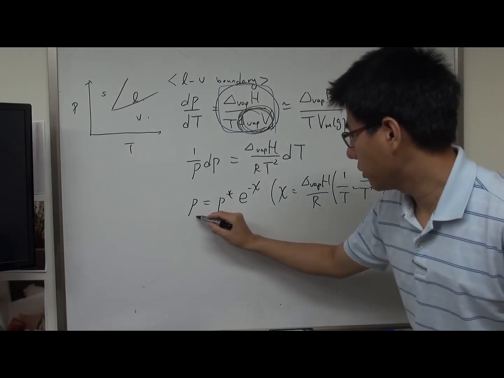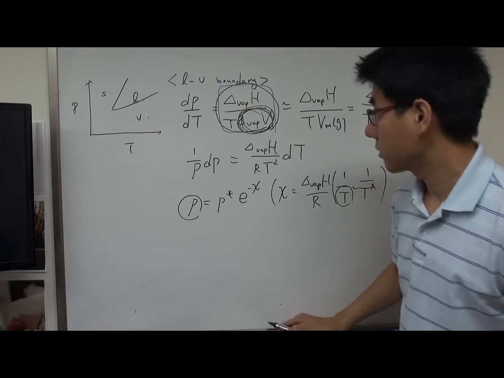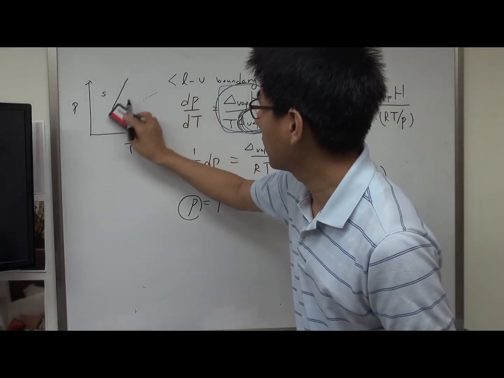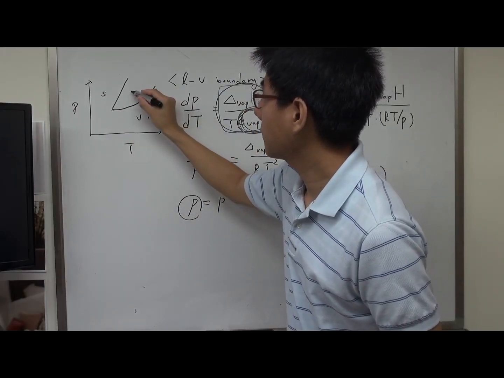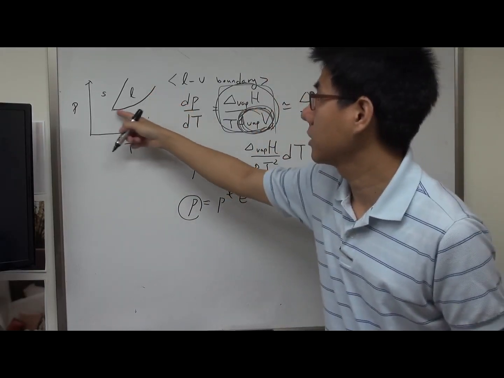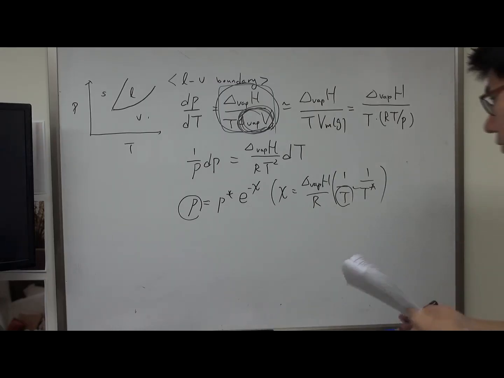And if you plot P as a function of temperature, the liquid vapor boundary looks like this. Okay, not a straight line, but curved. Okay. All right. So we got two.